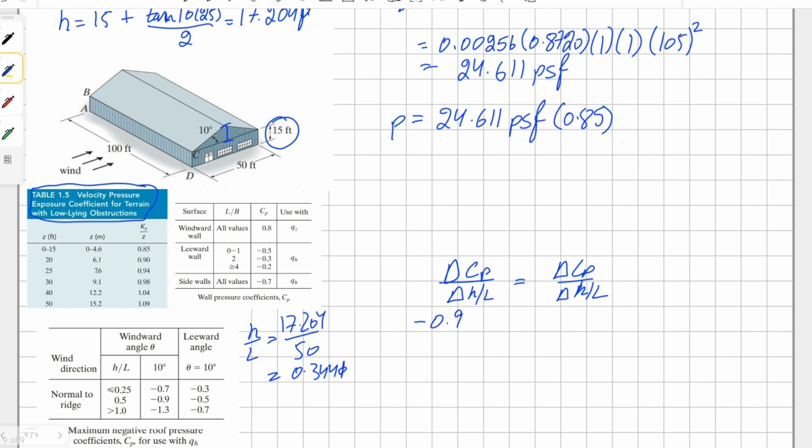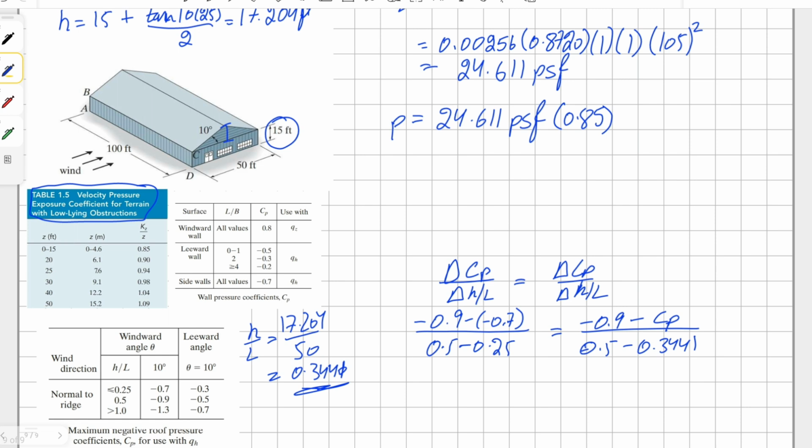So it will be negative 0.9 take away negative 0.7 divided by 0.5 take away 0.25 equals negative 0.9 take away our roof pressure coefficient divided by 0.5 take away our H over L, which is this point here, 0.3441.